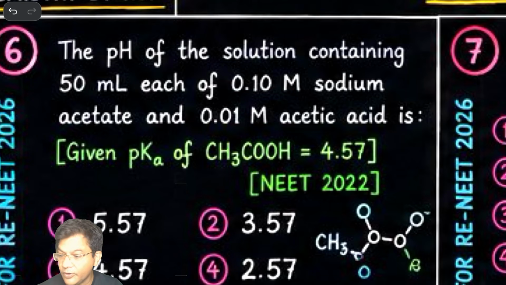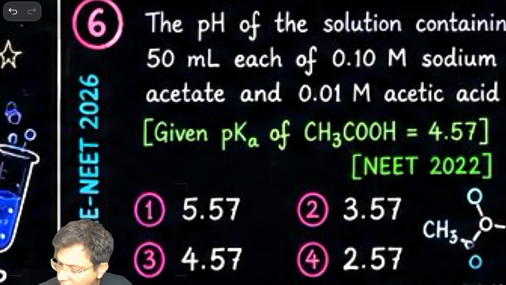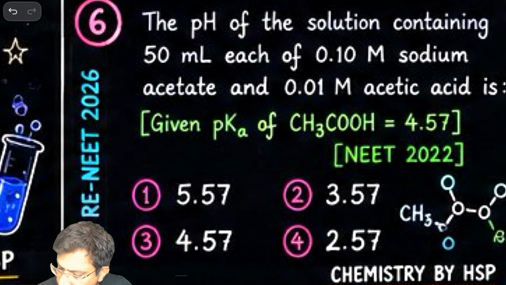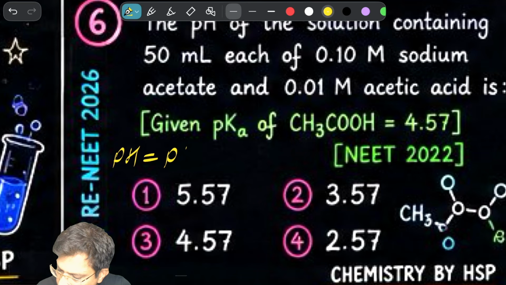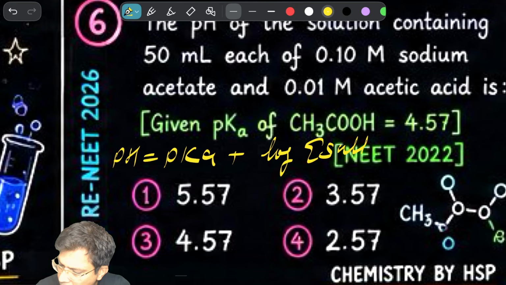So apply the formula. pH is equal to pKa plus log of concentration of salt upon concentration of acid, right?